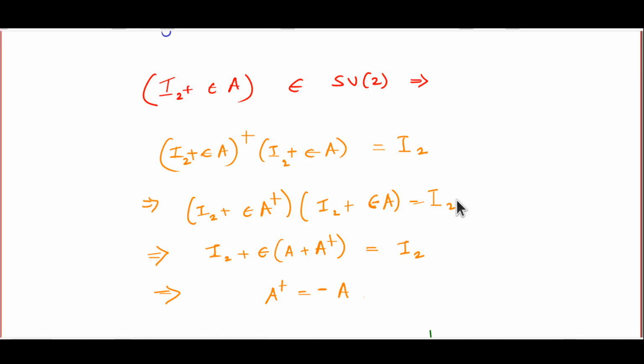In fact, all we have used so far is that my matrix, which is infinitesimally close to the identity, is a unitary matrix. The set of all anti-Hermitian 2x2 matrices would actually end up giving us a Lie algebra of the group U2. In addition to this, I have to impose the constraint that I2 plus epsilon A, this particular matrix, has to have a determinant of 1.